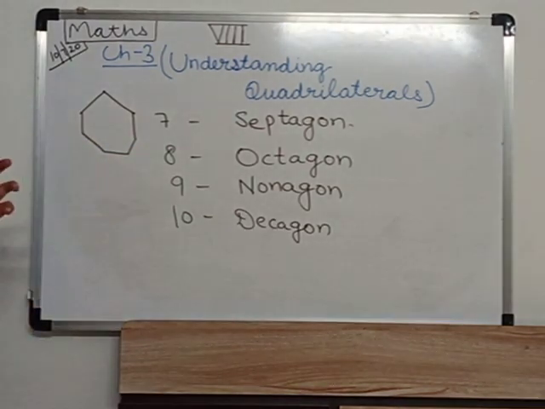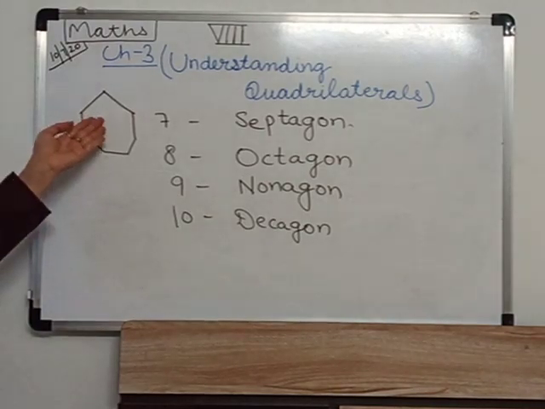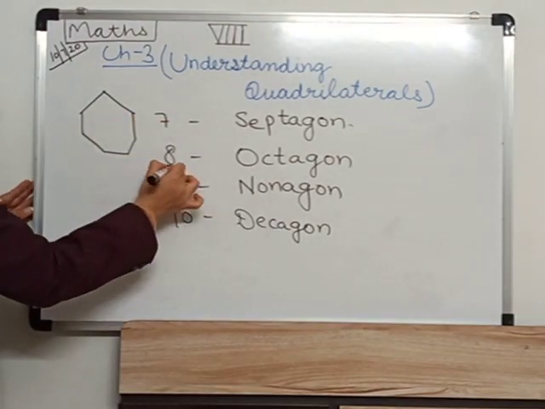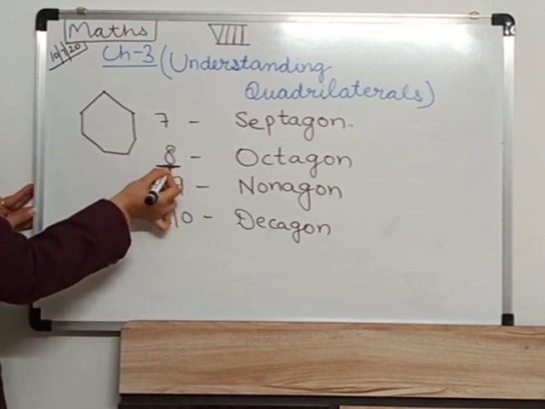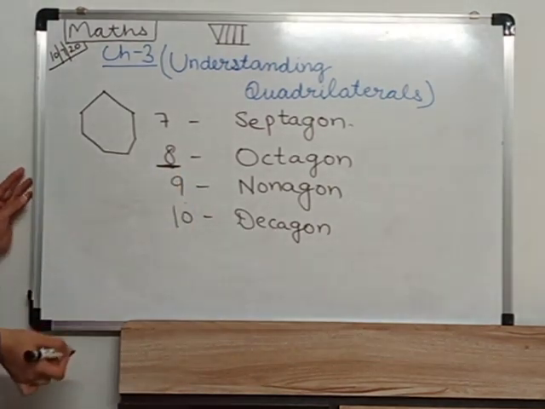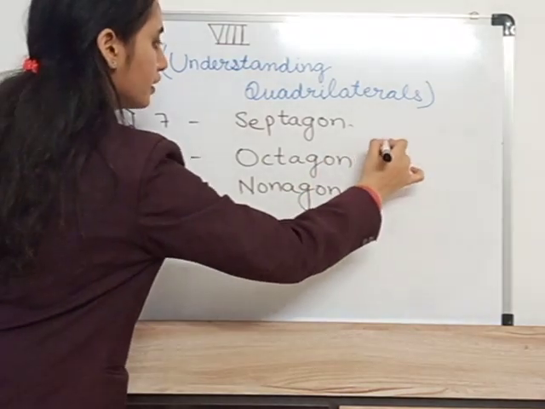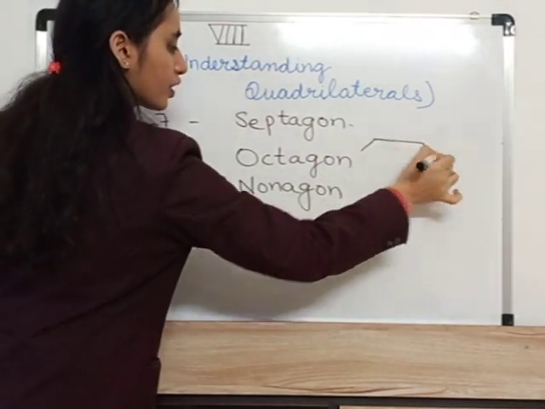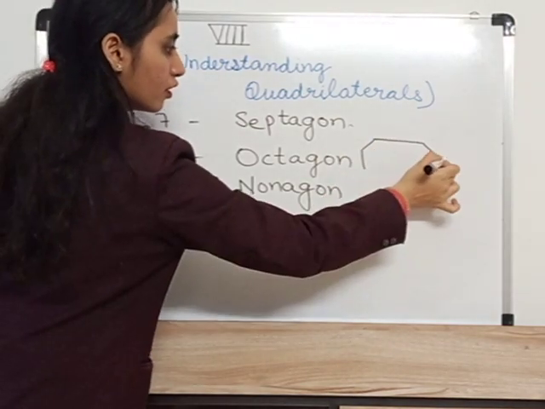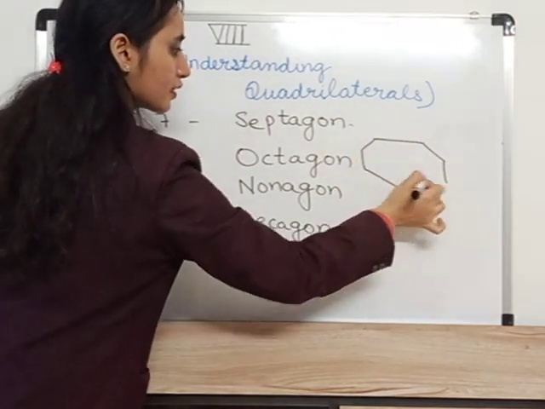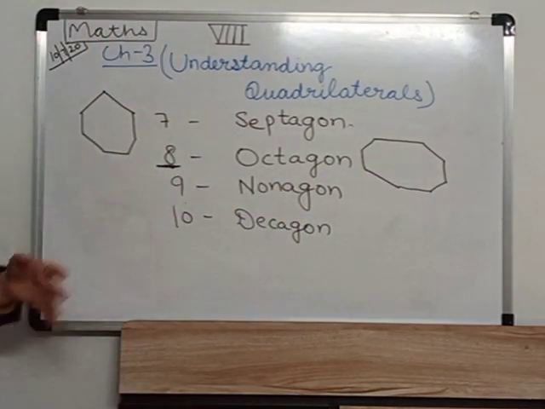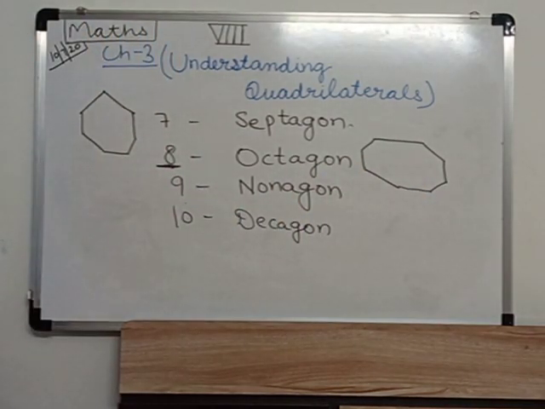In this there are 7 line segments, so the name of that polygon is septagon. You can also draw octagon, nonagon and decagon. How do we draw an octagon? Like this: 1, 2, 3, 4, 5, 6, 7 and 8. In this way you can draw nonagon and decagon.